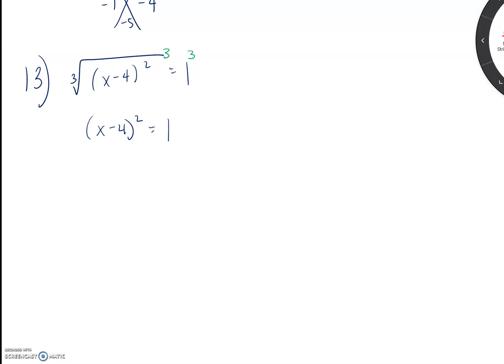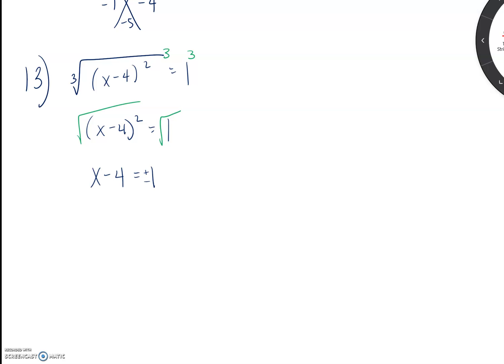So at this point, you can go about it in 2 different ways. I will say that one way is easier, and I will show you that way. So see how this left side is grouped underneath a square? So you can actually undo that all at once and take the square root of both sides, leaving you with x minus 4 equals plus or minus 1.